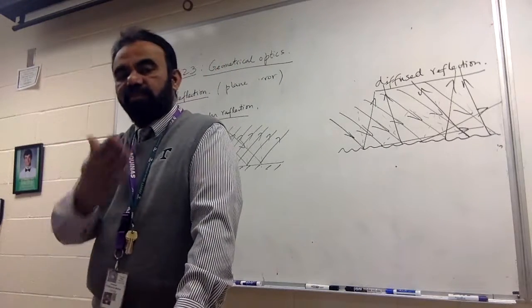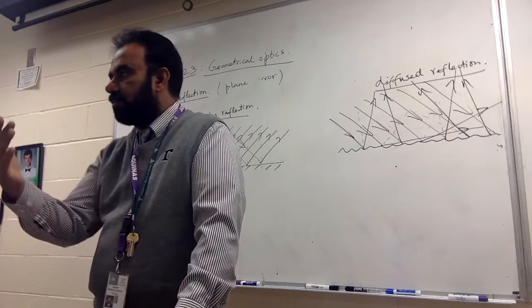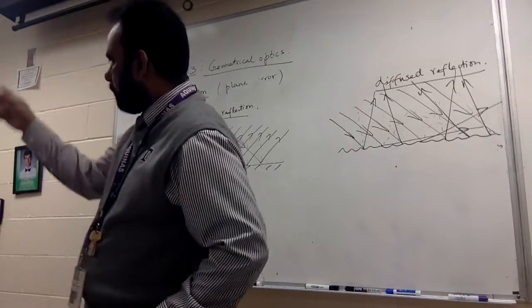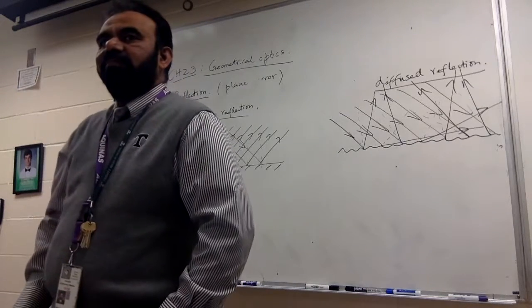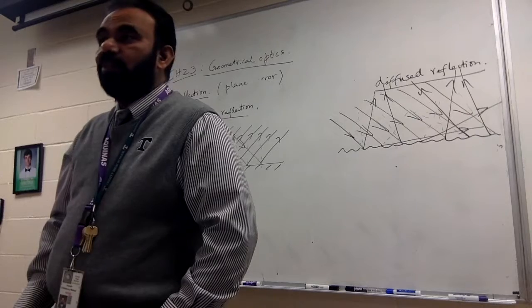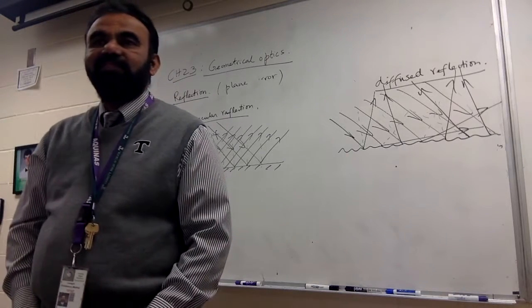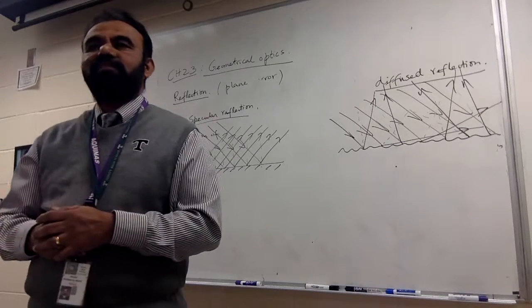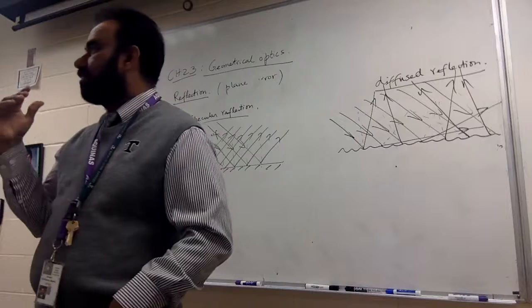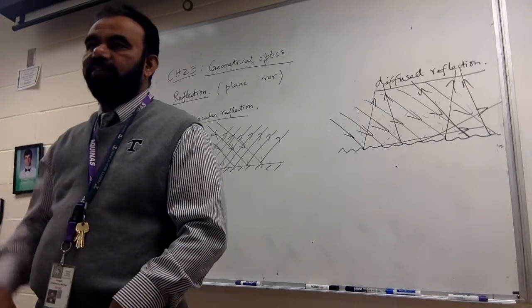Same with screens. If you have a television screen, the screen is not 100% reflective. If it were 100% reflective, when you look at the screen, you'd see yourself there. You want to see what is inside, not what comes from the outside. Right? So you don't want a screen to have a very fine finish.